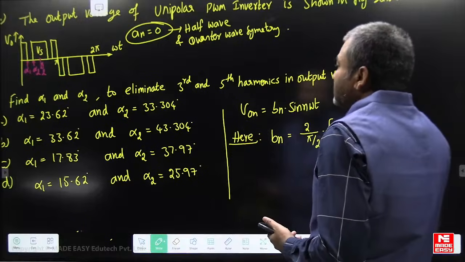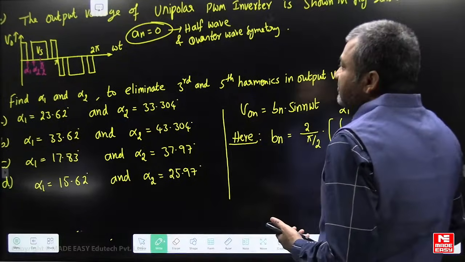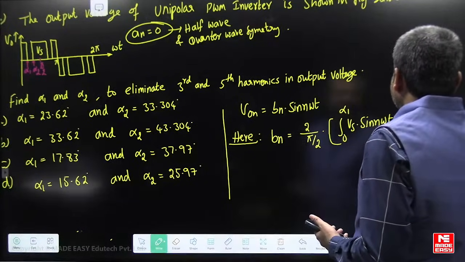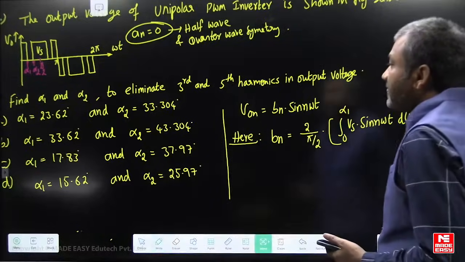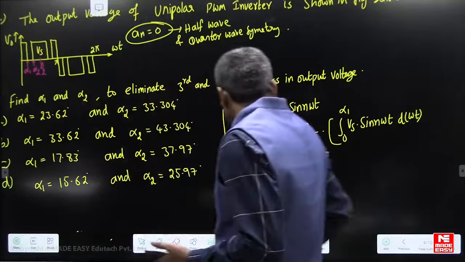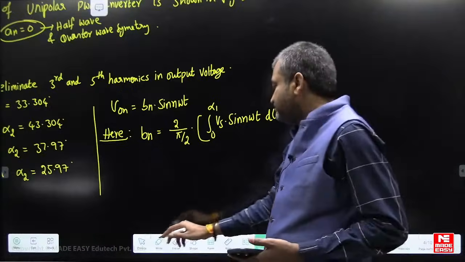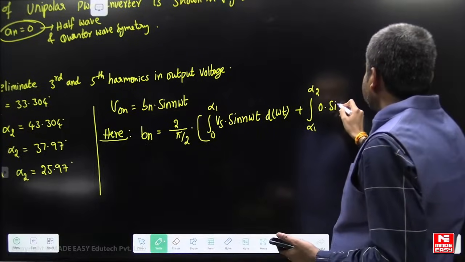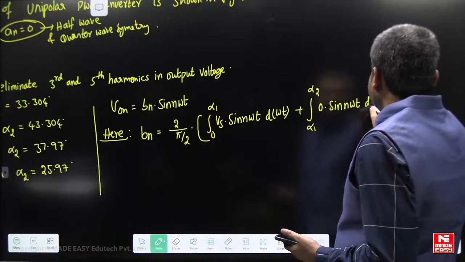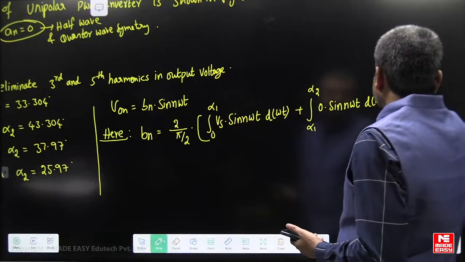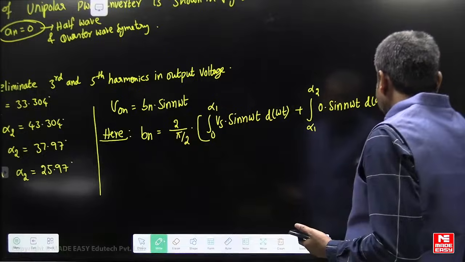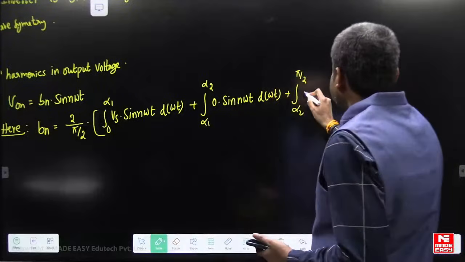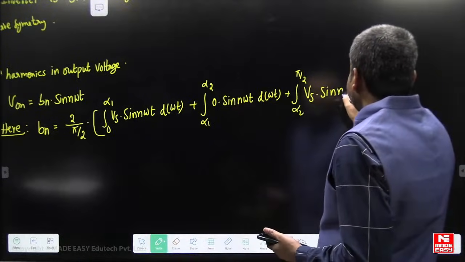First, the integral from 0 to alpha 1, where f of omega t is Vs, of Vs sine of n omega t d omega t, plus the integral from alpha 1 to alpha 2, where the voltage is 0, of sine of n omega t d omega t, plus the integral from alpha 2 up to pi by 2, where once again the magnitude is Vs, of Vs sine of n omega t d omega t.